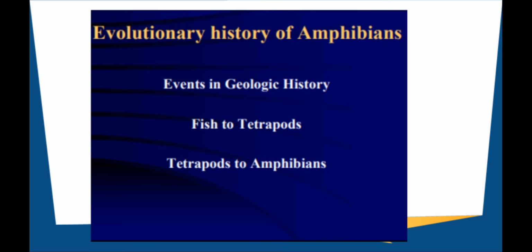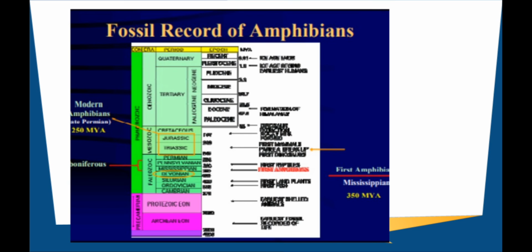The evolutionary history of amphibians involved events in geologic history: the fish to tetrapods, and the tetrapods to amphibians. So here is the fossil record of amphibians shown in the diagram, as you can see. The first amphibians are from the Mississippian, 350 million years ago, while the modern amphibians are from the late Permian, 250 million years ago.